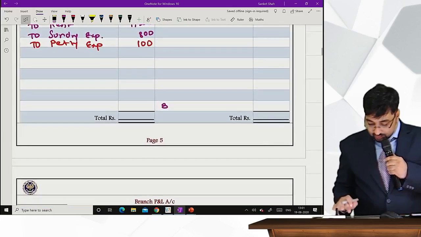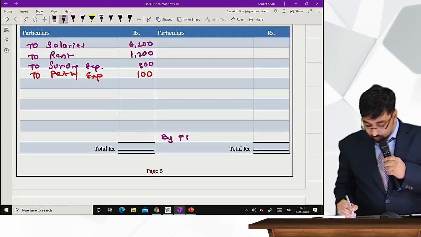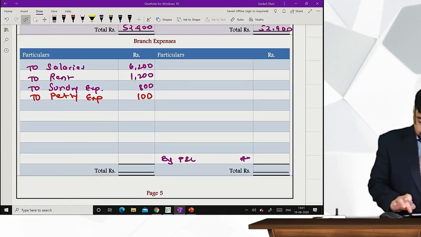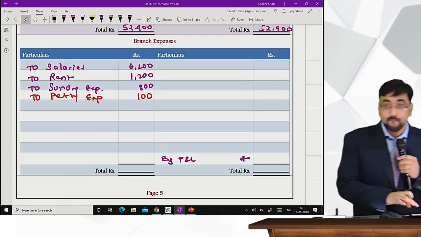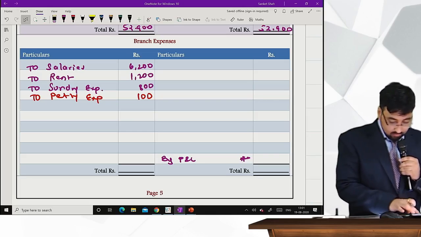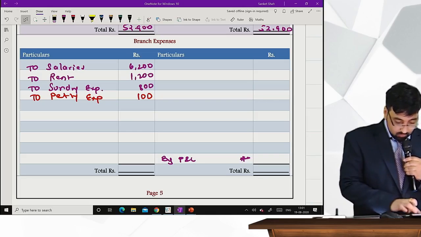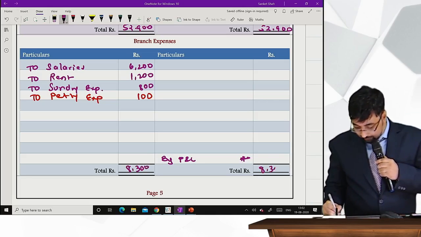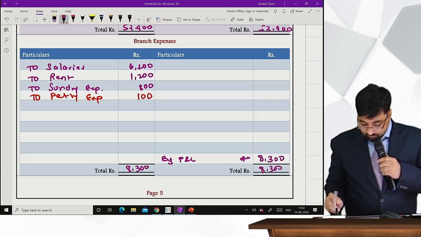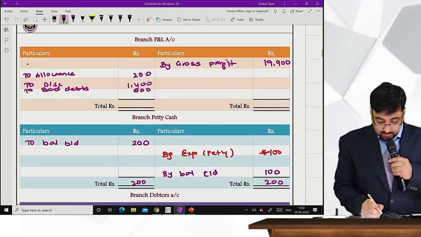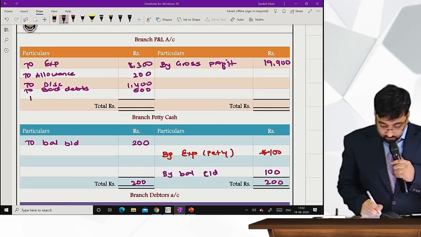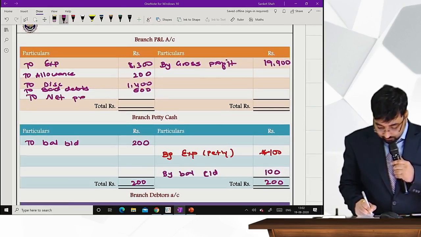Now branch expenses will be transferred to profit and loss account. Branch expense account, you will transfer it to branch P&L account. So 0.8 plus 0.1. What is the total? 8,300. And now transfer these expenses to branch P&L, 8,300, and find out the net profit.